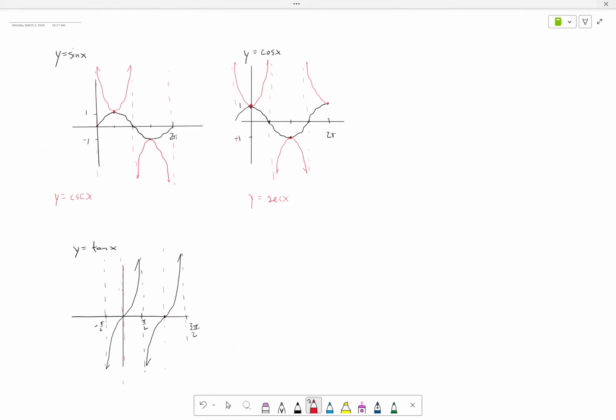Also, just the zeros from the basic function become vertical asymptotes. What's going to happen with the vertical asymptotes from the tangent? They become intercepts, don't they? I hope that makes sense.